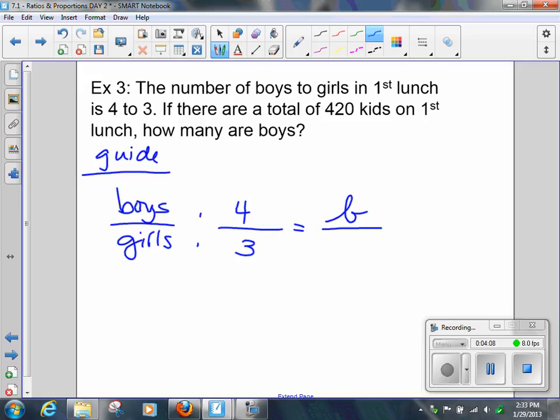Okay, if I had 100 students, and I told you that 25 of them were boys, how many would be girls? How did you get that? You're finding the difference of the total. What's our total? And we're going to subtract what?